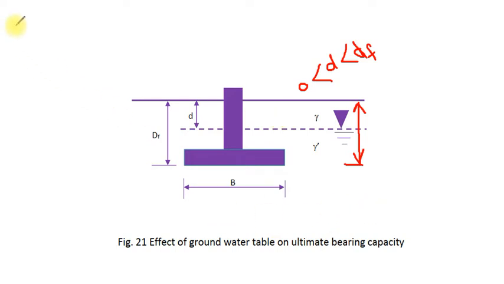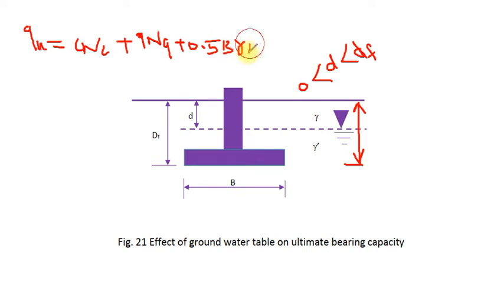Remember, the ultimate bearing capacity equals c Nc plus q Nq plus 0.5 B gamma N gamma.